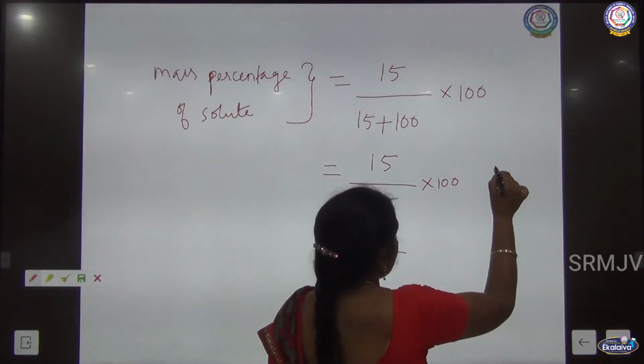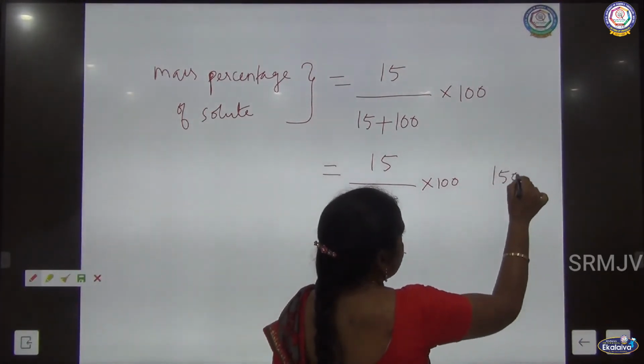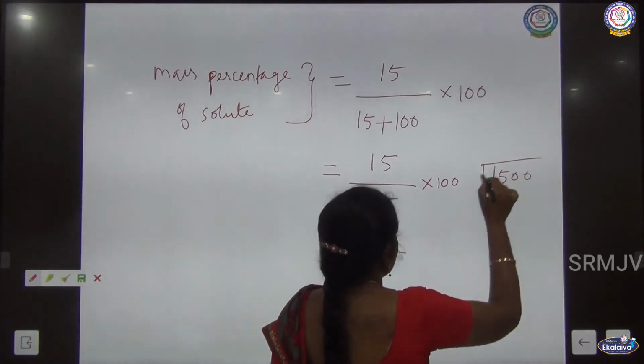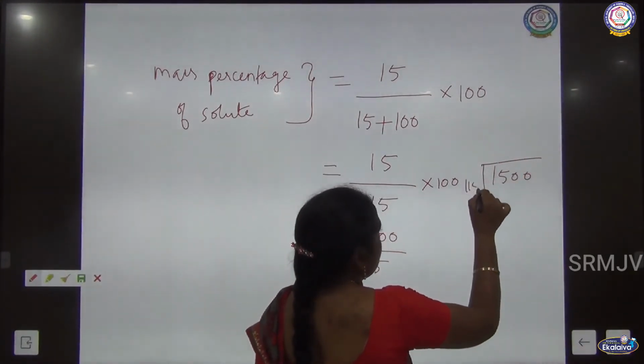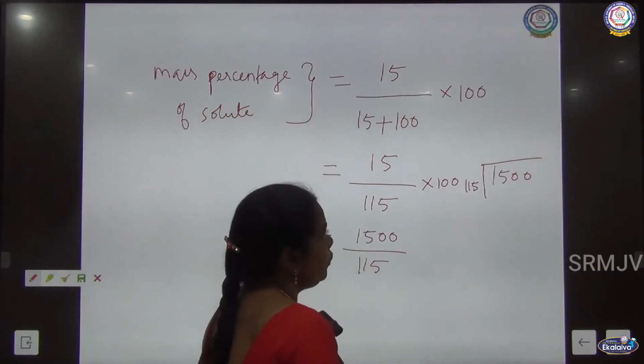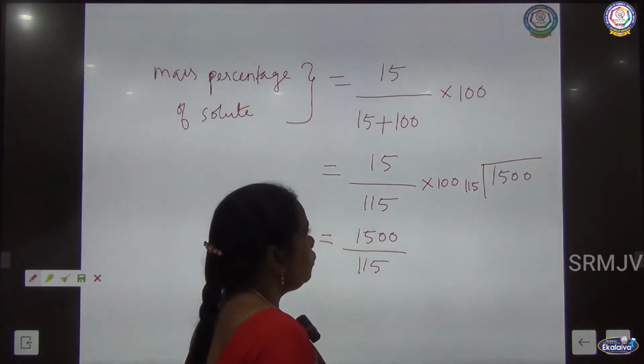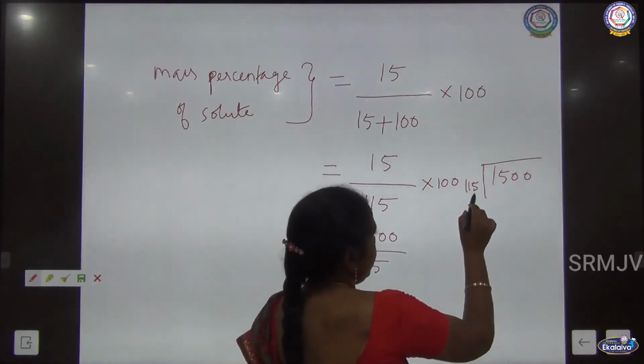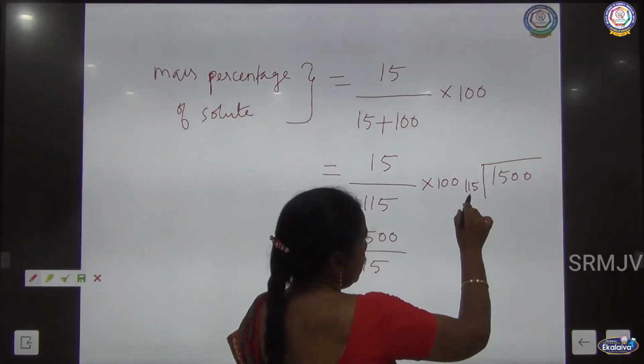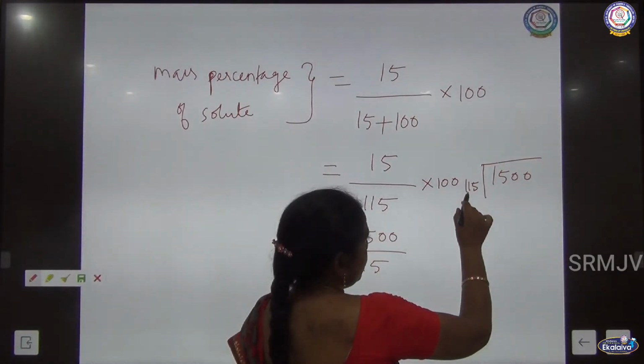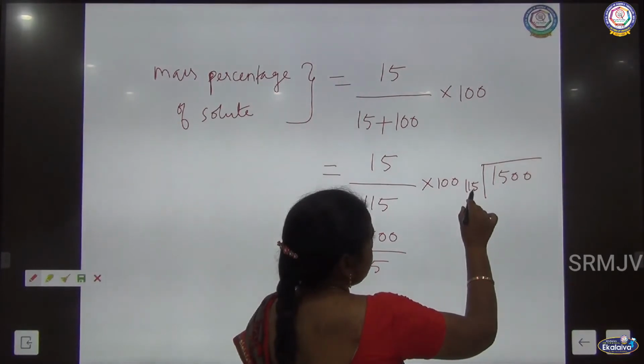So now you have to divide. 115, how many times? 4 times means 4 5s are 20, remainder 2, 4 1s are 4 plus 2, 6.